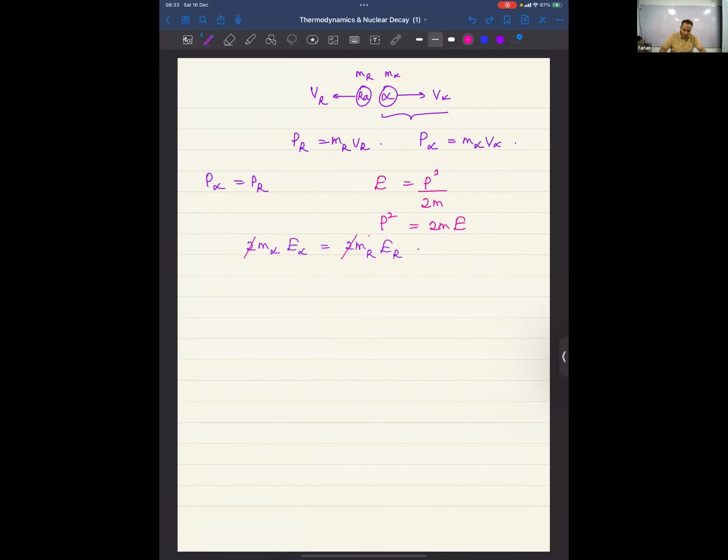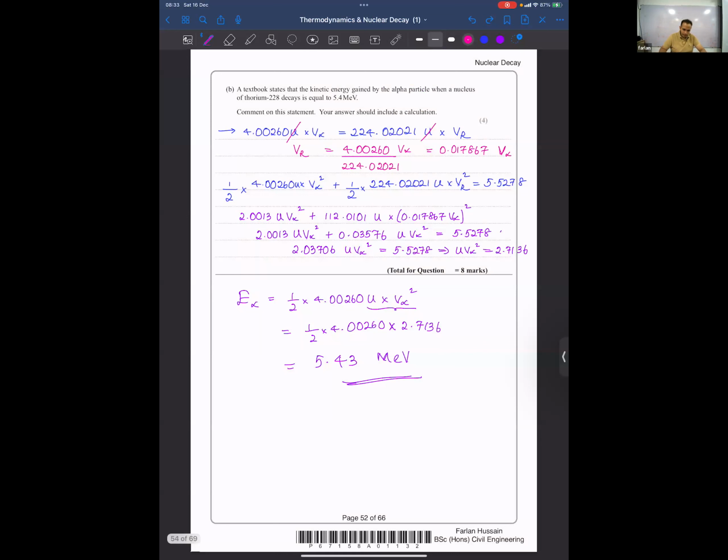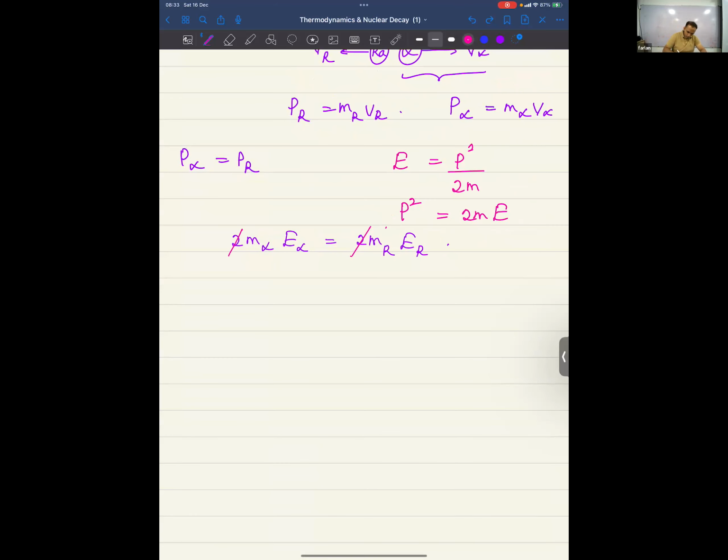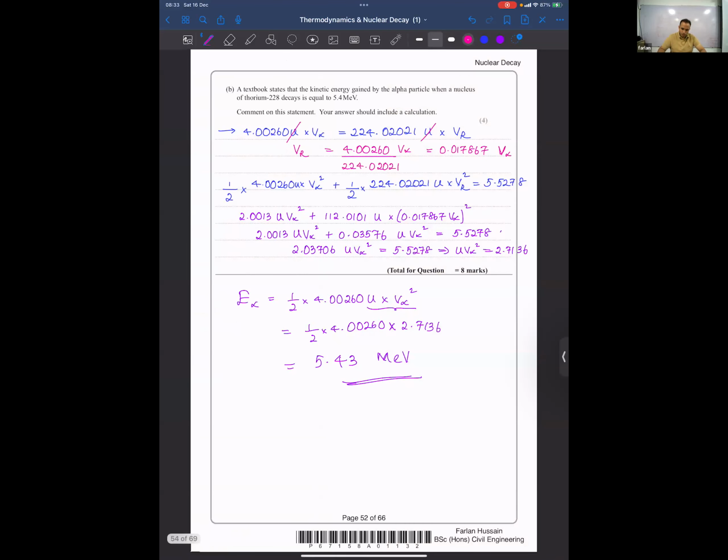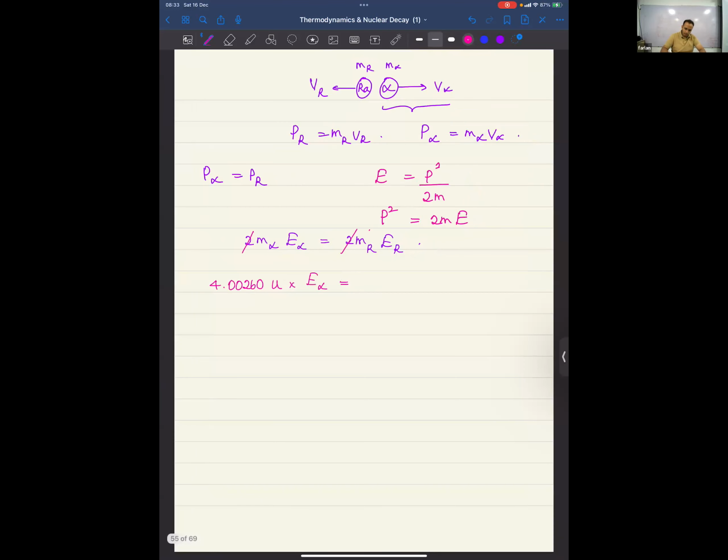Now the alpha particle's mass is straightforward, which is 4.00260 U. Kinetic energy of the alpha particle is what I want. I will take it as E alpha. Okay. Mass of radium is 224.02021.